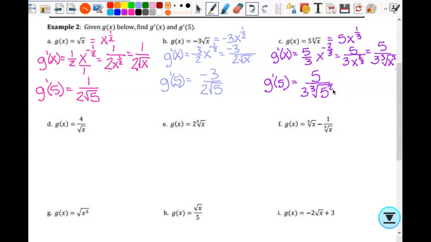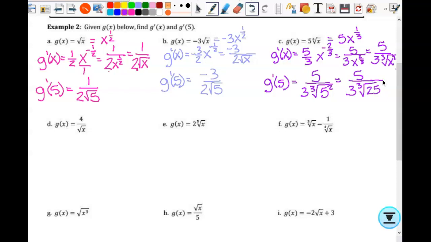No, because this one's living in a root, and he's inside the house, so you can't find him, and so you can't do anything with him. You can do something with him, but you can't cancel those out. So that's equal to 5 over 3 times the cube root of 25. And since I can't find the cube root of 25, just like when I couldn't type the square root of 5, I'm done, and that's my answer. Okay.